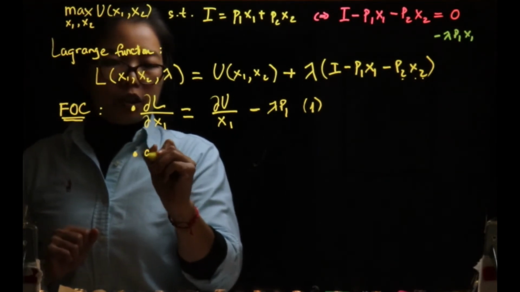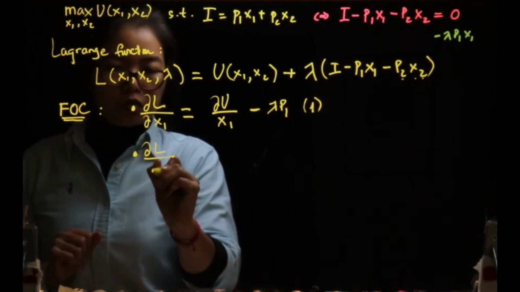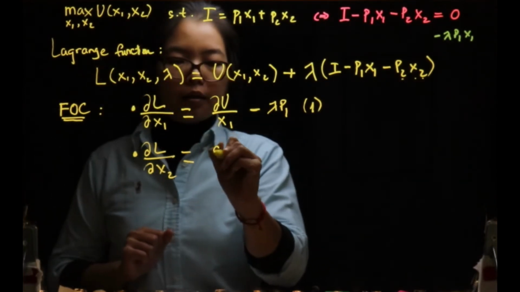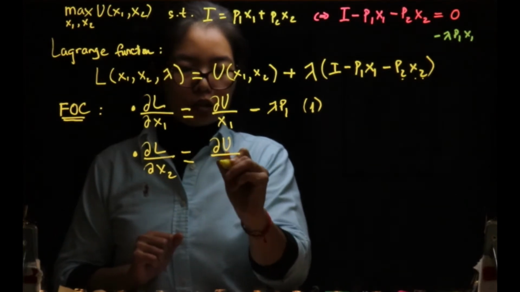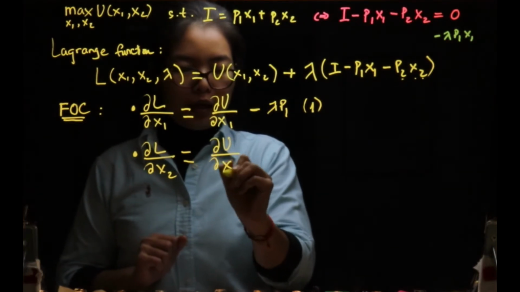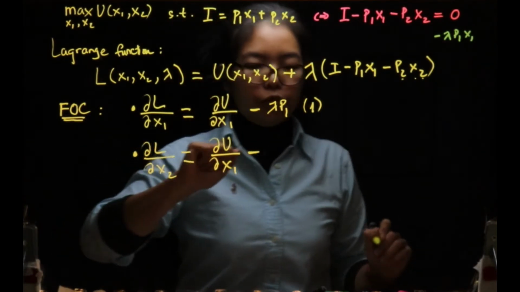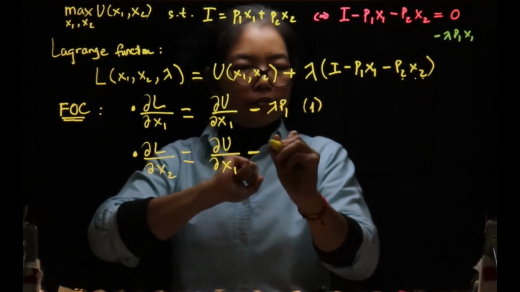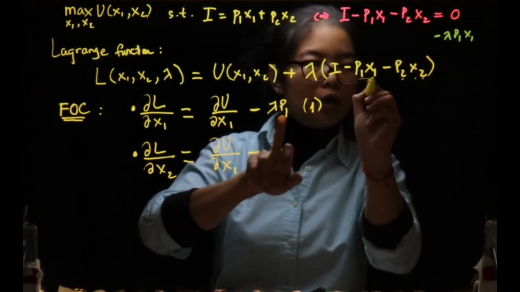The second thing is the partial derivative of L with respect to x2, which equals a very similar derivative of the utility function with respect to x2. Whatever u is, we don't have to care about this thing. Then, similar to this, but now p1 x1 is gone.